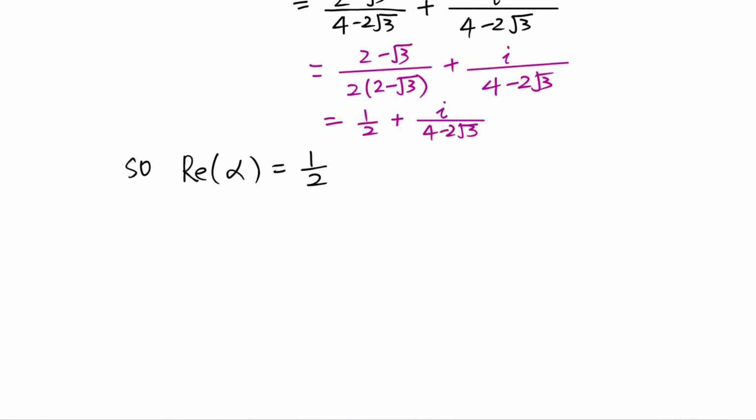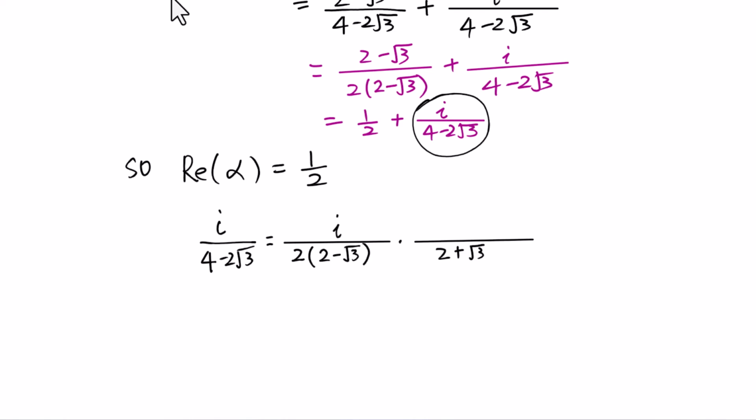I also want to show you how to figure out the imaginary part of alpha. How to simplify this: i over 4 minus 2 square root of 3. If you have a common factor, take it out.